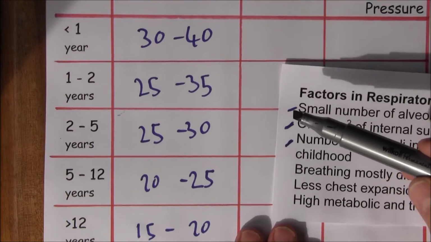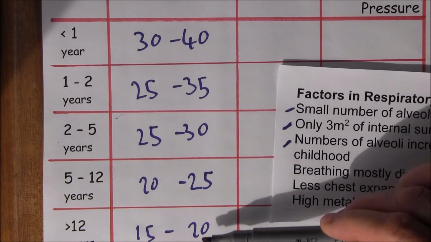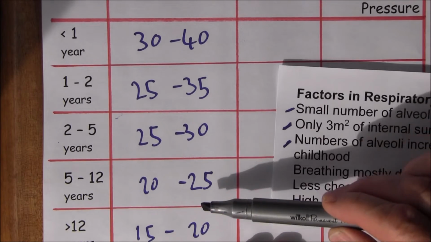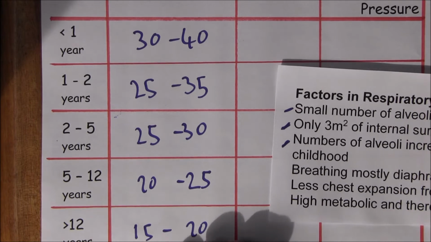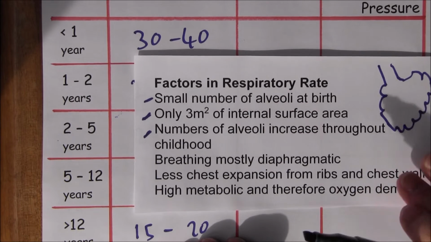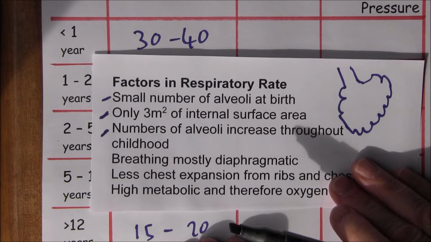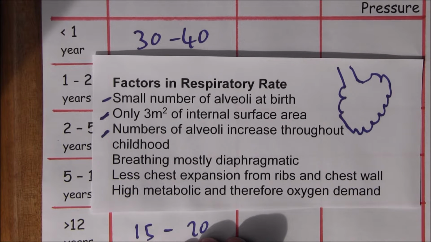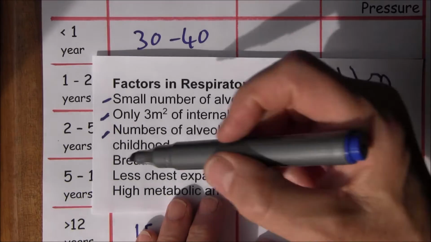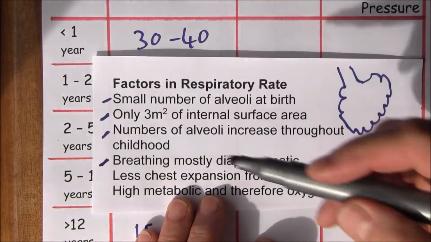We see the respiratory rate decreases. Not only are the child's lungs getting bigger, they're getting more complicated in their structure, with more alveoli and more internal surface area. And as the child grows, they breathe less diaphragmatically.